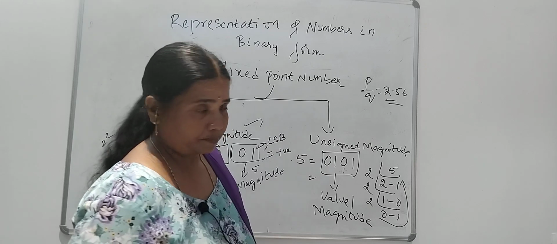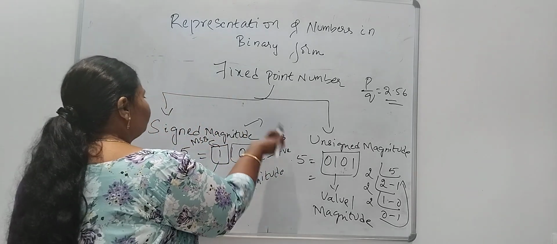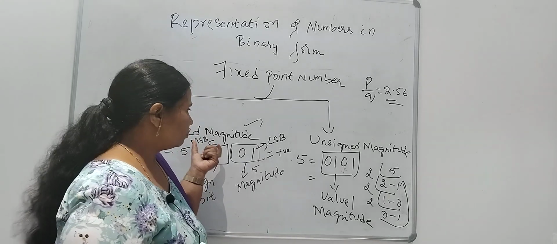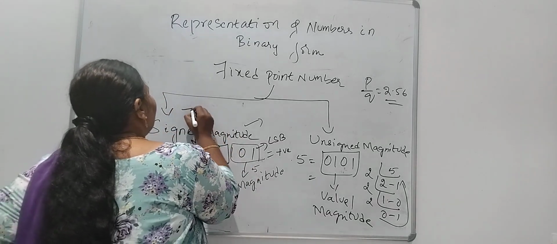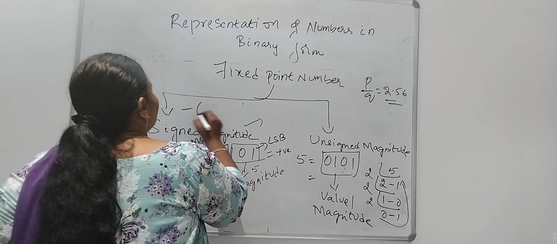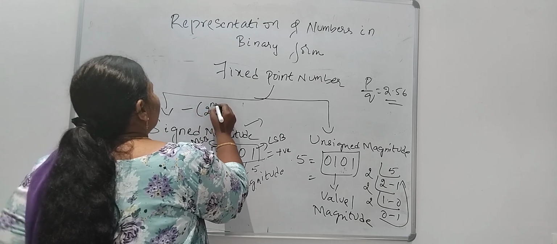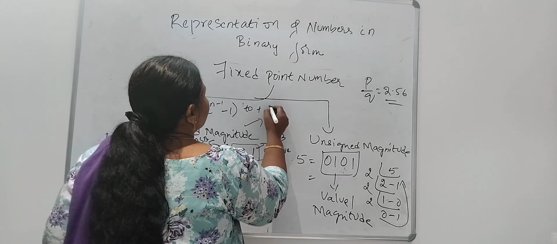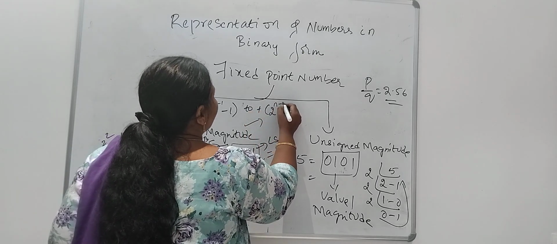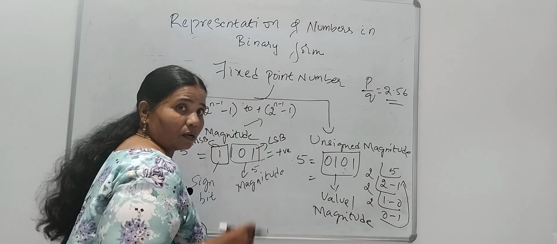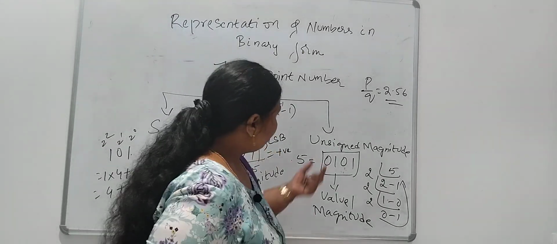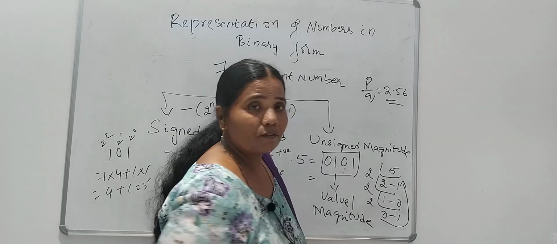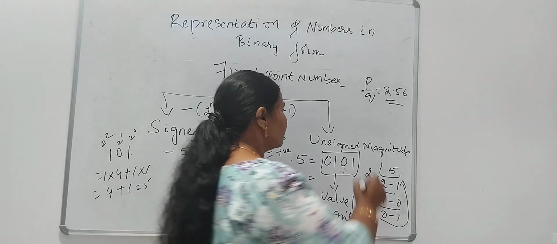In a fixed point number system, whenever we go to the unsigned magnitude representation, how much value can you represent here? Whenever you go for unsigned magnitude representation of a number, how much value can you represent?